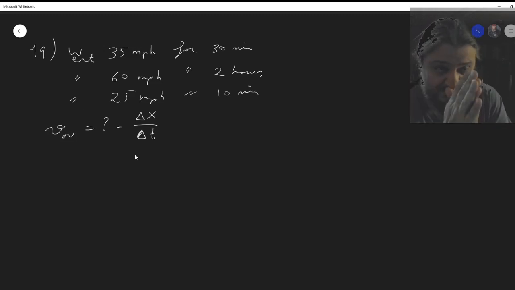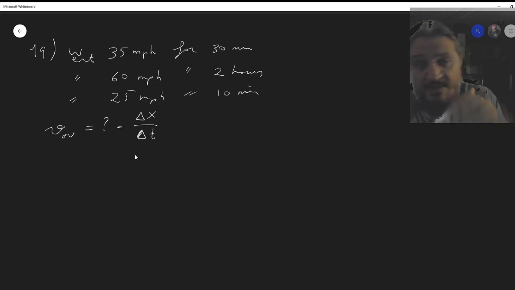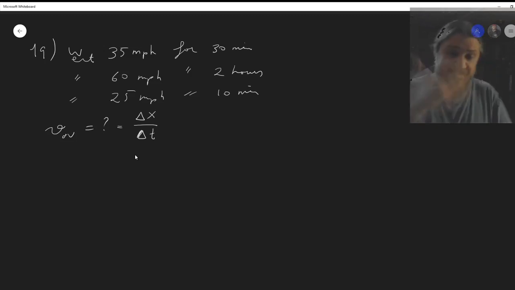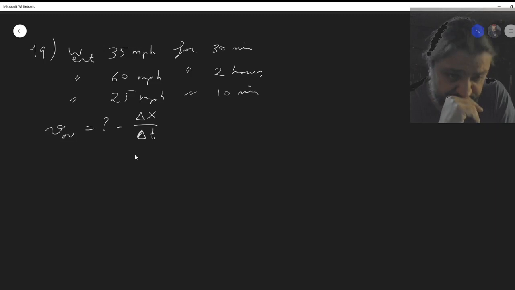If you take these numbers and find the average of them, you add them and divide by 3, for instance, that will be completely wrong. That doesn't apply. Just use the definition. Average velocity is defined as delta x over delta t.